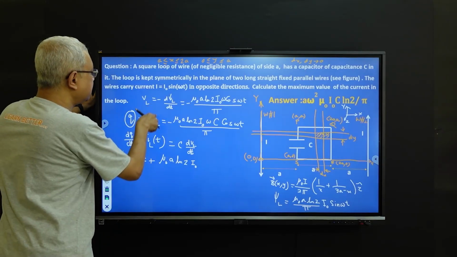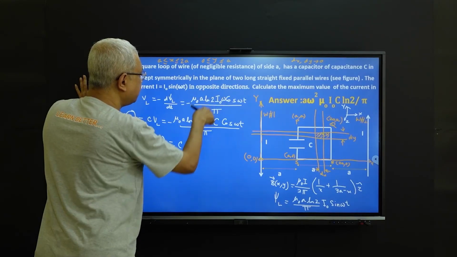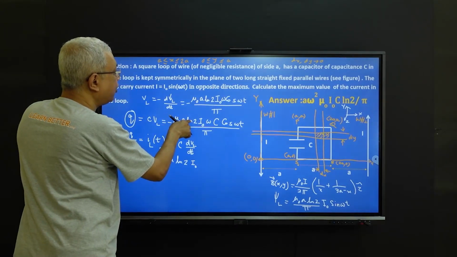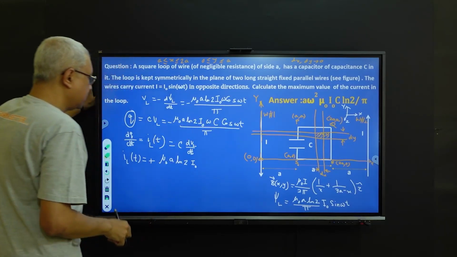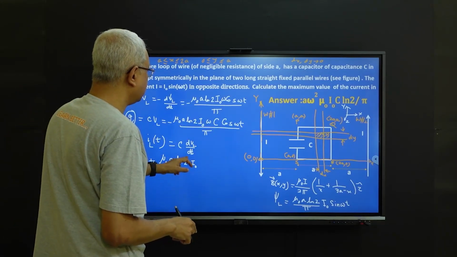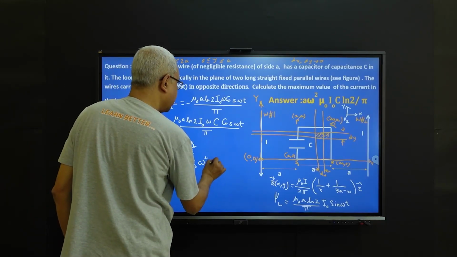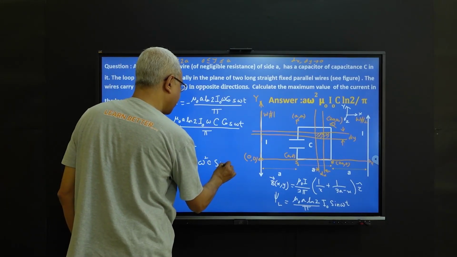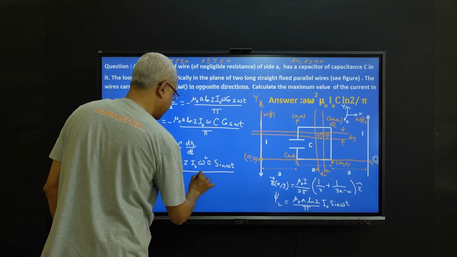Q equal to C VL, mu naught multiplied this quantity multiplied by C, mu naught A ln 2 I naught omega C cos omega t by pi. So it is mu naught A ln 2 I naught omega square C sin omega t divided by pi.